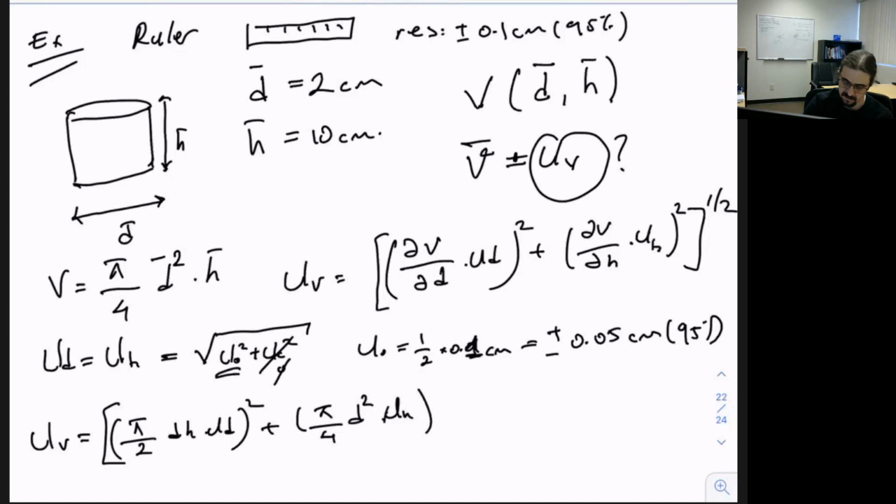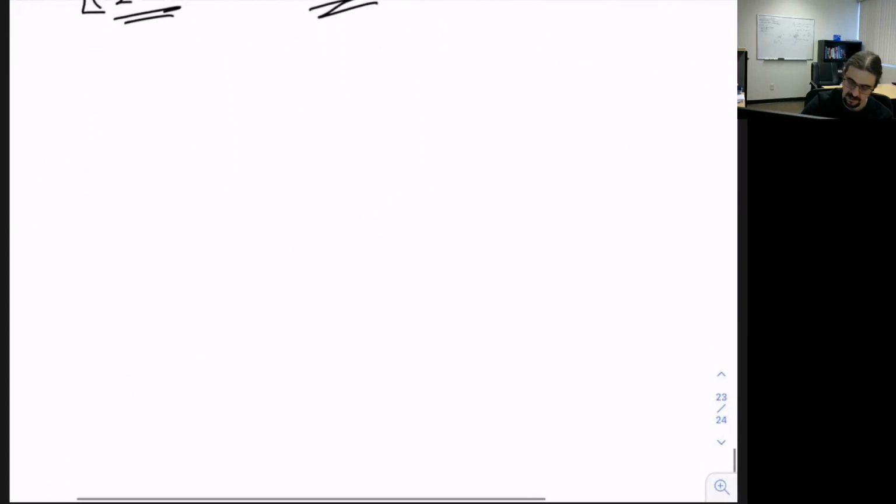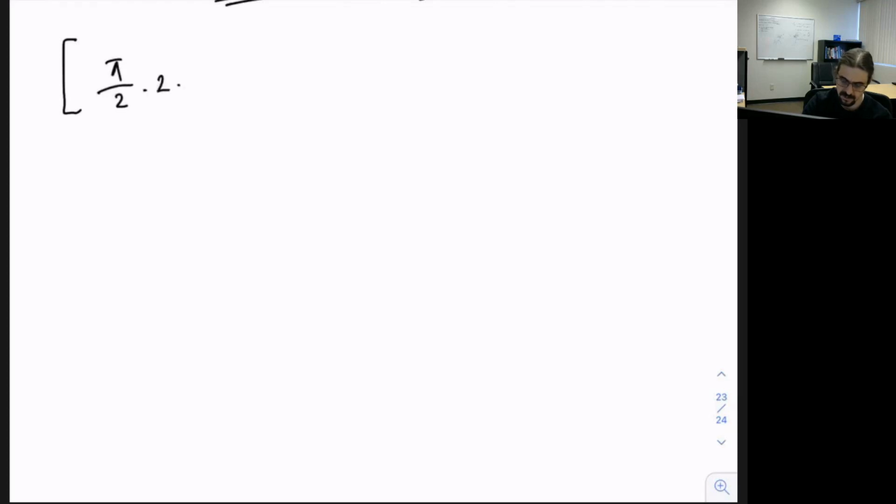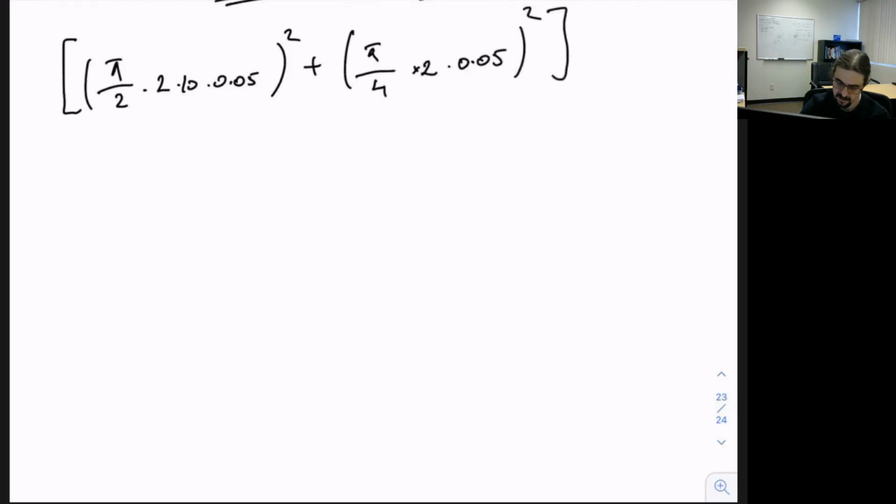That's the derivative of V with respect to D, and that's the derivative of V with respect to H. So if I put this in and figure out what that will be, that's the square root of pi over 2 times 2 times 10 times 0.05 squared, plus pi over 4 times 2 times 0.05 squared.